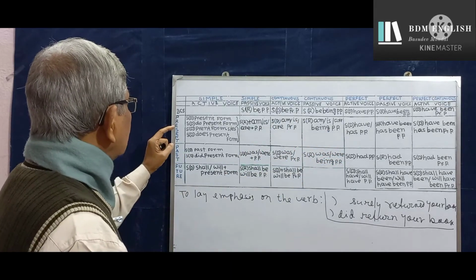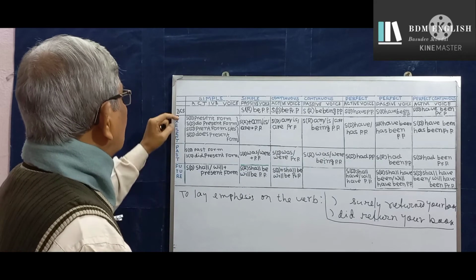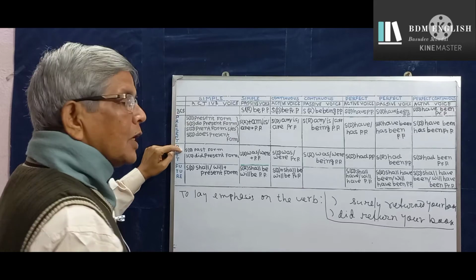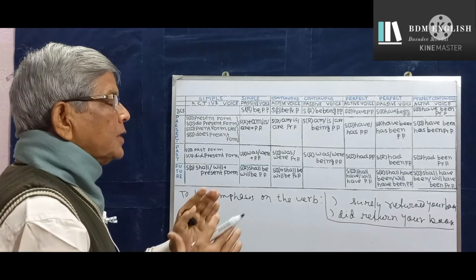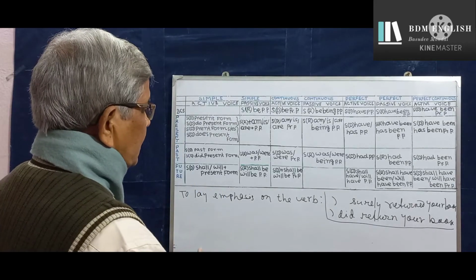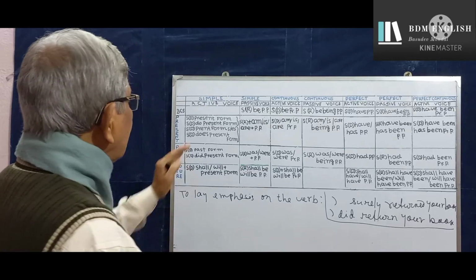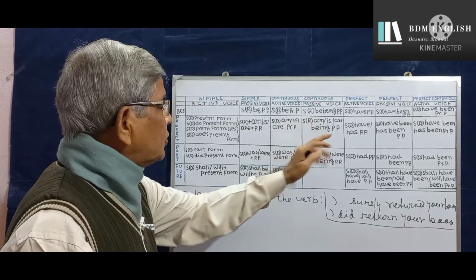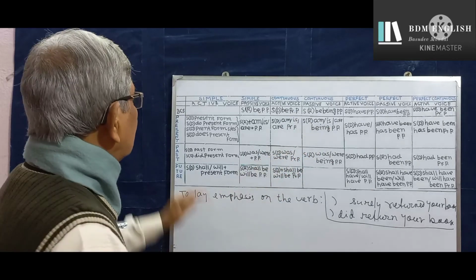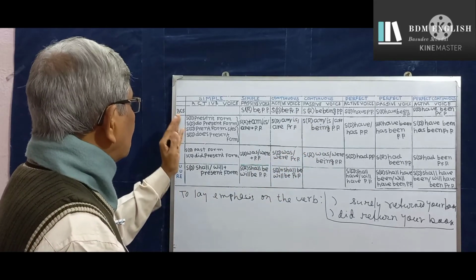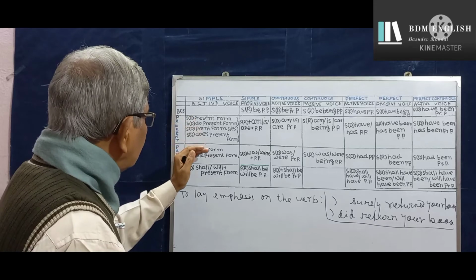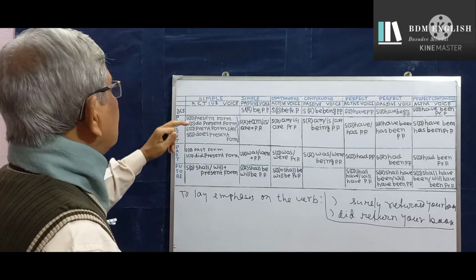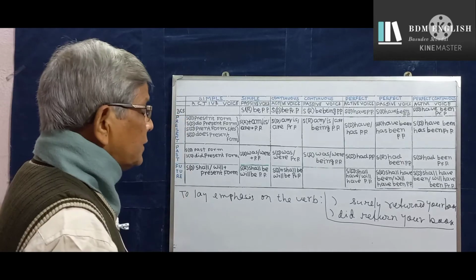Only in these two we have alternative structures, because in the original structure there is no helping verb, and to make negative sentences and questions, we need a helping verb. All these four structures have helping verbs. These two do not. So we take the help of these alternative structures, which are formed by using the helping verb do, that is do, does, and did.